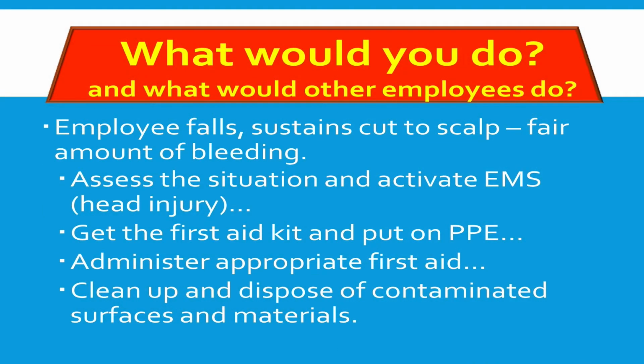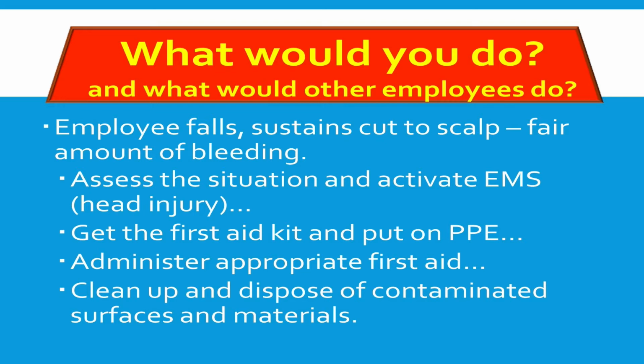Think about what you would do in your own facility when you have some kind of incident or injury. Somebody falls, they cut a scalp, and as you probably know, any injury to your scalp or head causes a great deal of bleeding. So you have to assess the situation first, activate EMS if you need to, probably going to because it's a head injury.